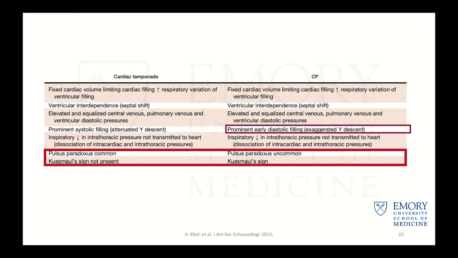Kussmaul's sign is usually not present in cardiac tamponade, but at the same time, pulsus paradoxus is very common. In fact, it's one of the physical findings that we have to obtain with tamponade. And in constriction, the pulsus can be present in about 20% of patients, but it's not very common, and Kussmaul's sign is more prominent.